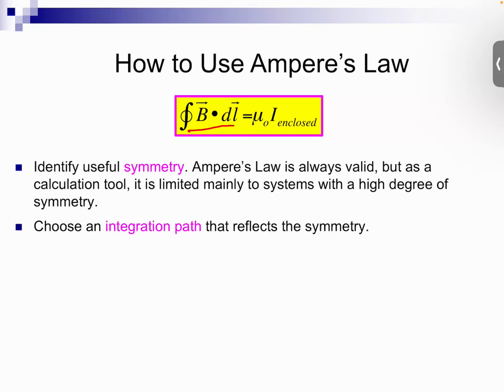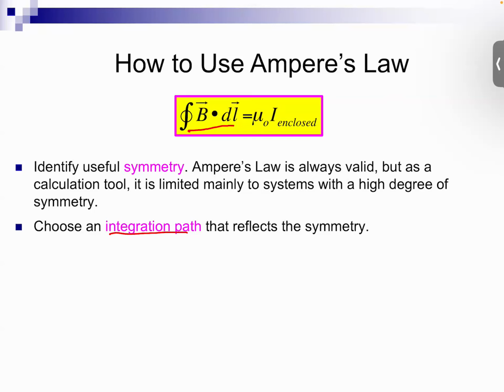The symmetric path that we choose will be the integration path for evaluating this integral over a closed loop. In almost all these scenarios, the symmetric closed path we will use is a circular path.